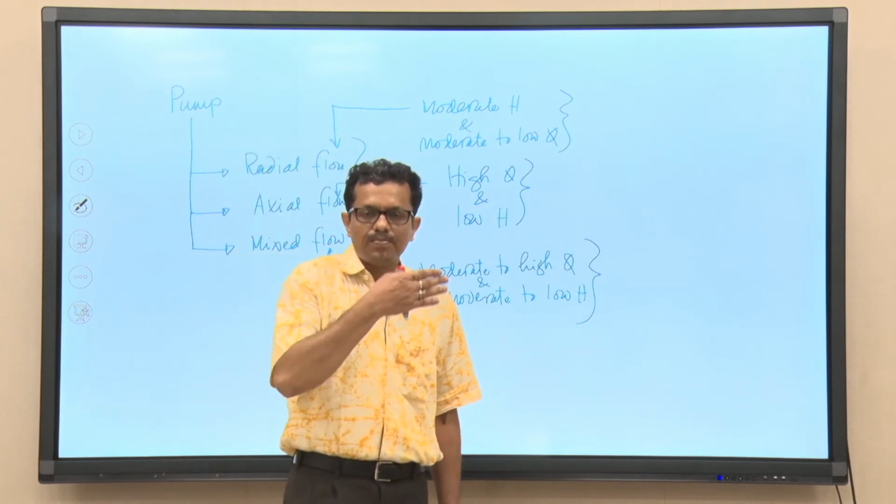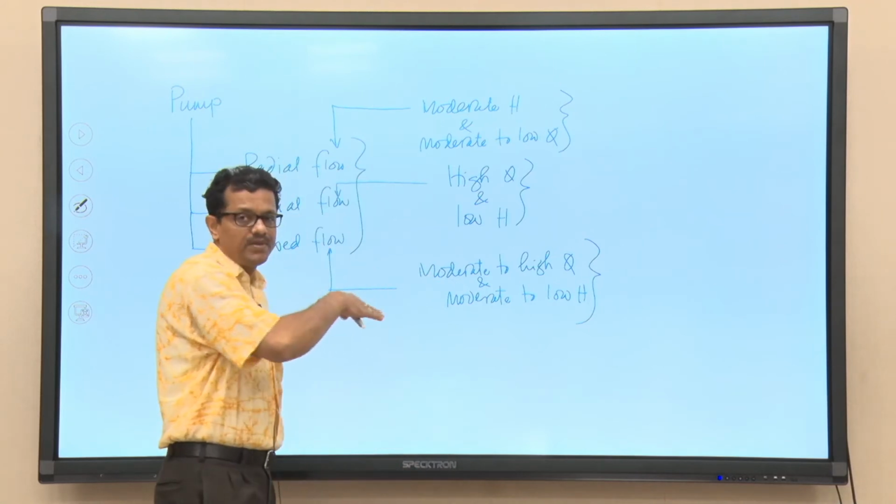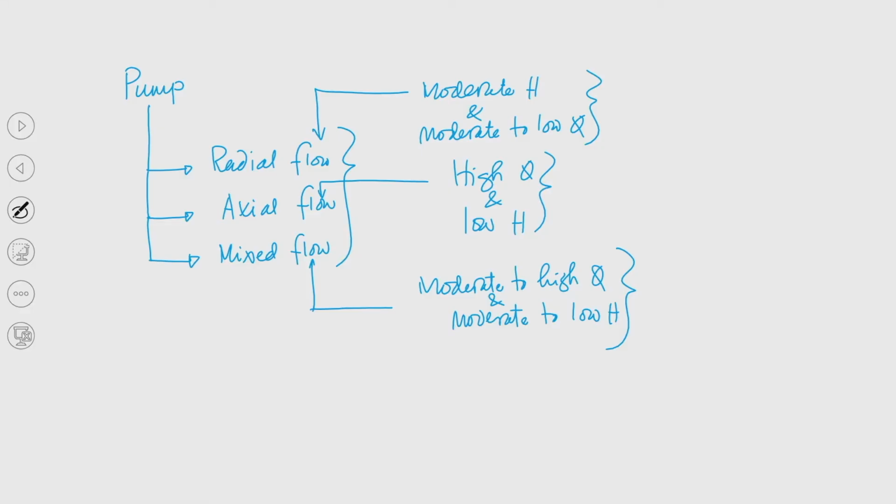Should we go for parallel operation? That is what we will be discussing today. Basically, for any type of pump, if we need to increase head or increase flow rate, then we need to go for parallel and series connection.